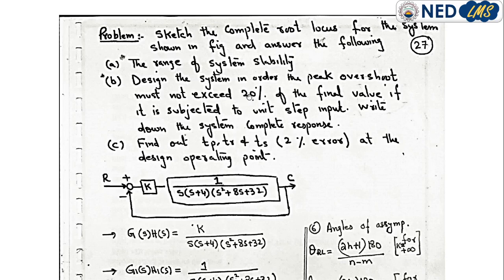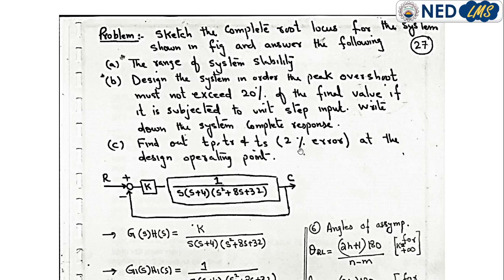With respect to this given information, we have to design the system, find out all possible roots, and finally we have to write down the complete system response when the system is subjected to a unit step input. And with respect to the design operating point, finally we have to find out the peak time, the rise time, and the settling time with the 2% error criterion.